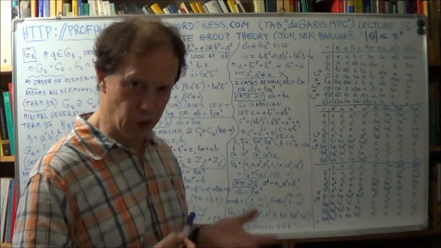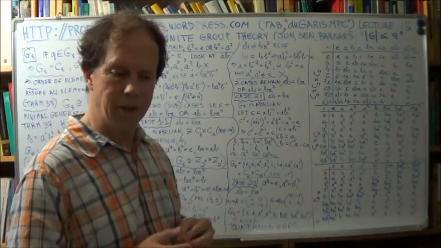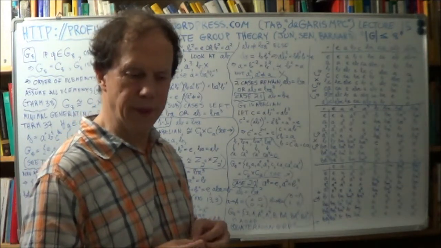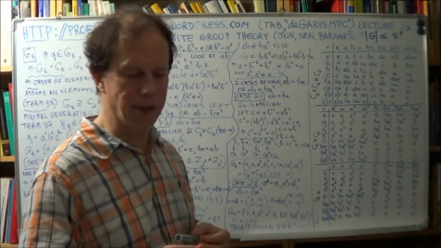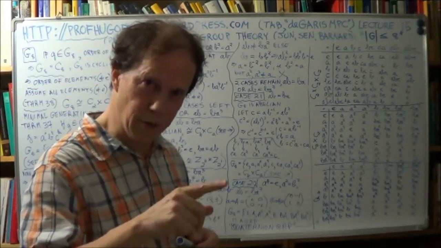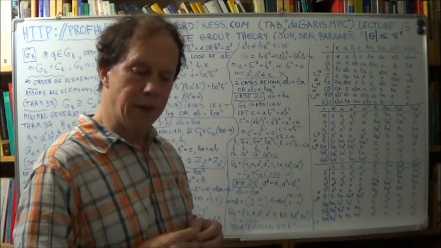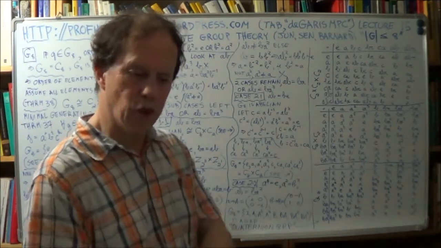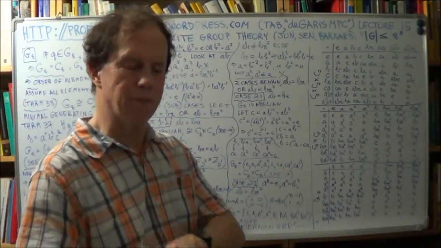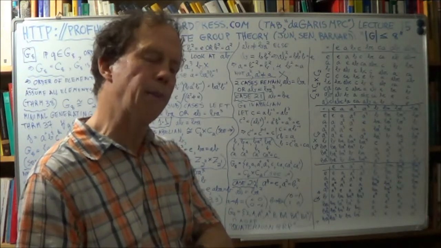So the next step was the quaternions. So you had complex numbers of the form x, that's a real number, plus i, square root of minus 1, times y. So you had one real number, that was the x, and you had one imaginary component, that was the y.